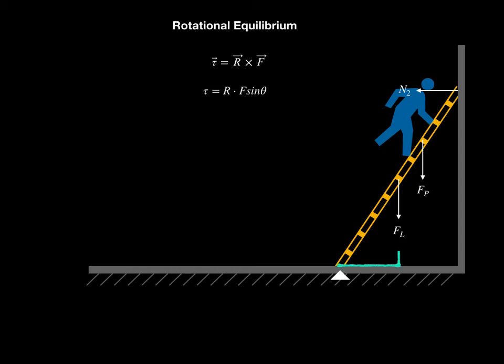To establish the angles between the lever arm and the force, we need to look at a triangle at the base of the ladder. If the ladder is leaning against the wall at some angle theta, then the angle made with the vertical is phi. Now, let's take a look at the angle between each force and the ladder.